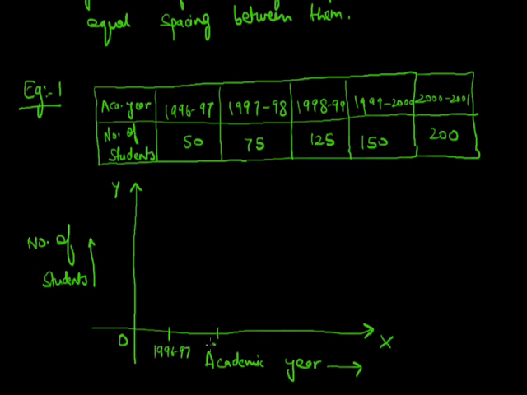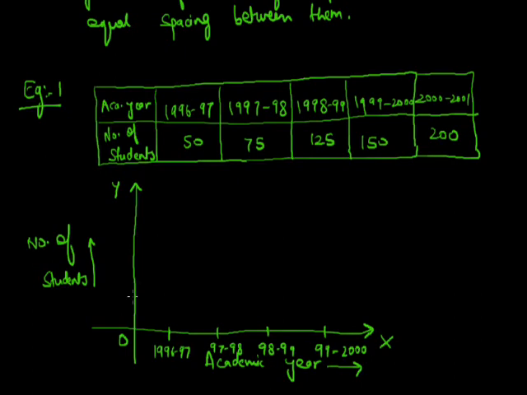Then accordingly next point is 97 to 98. Then next point is 98 to 99. Then accordingly next point is 99 to 2000. So in this way we'll make the graph, and on the y-axis we'll take the number of students.